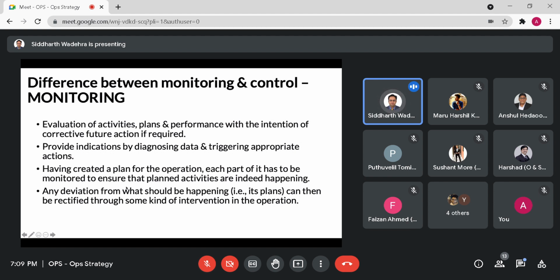Any deviation from what should ideally be happening. So you have the ideal customer journey, or the ideal flow of operations, which can be rectified by what we can call monitoring in this case.